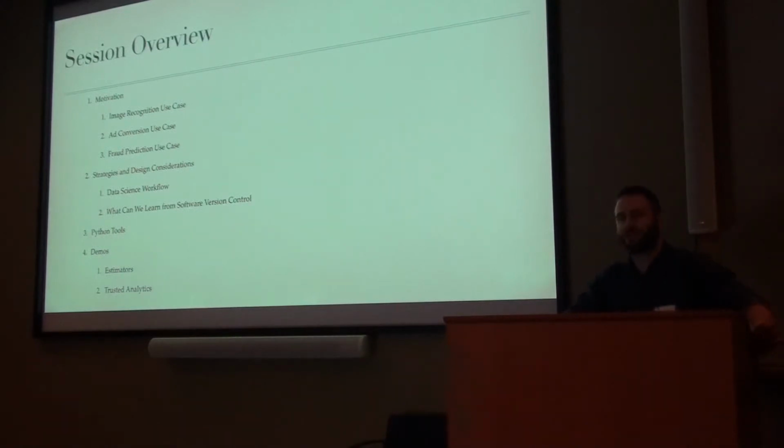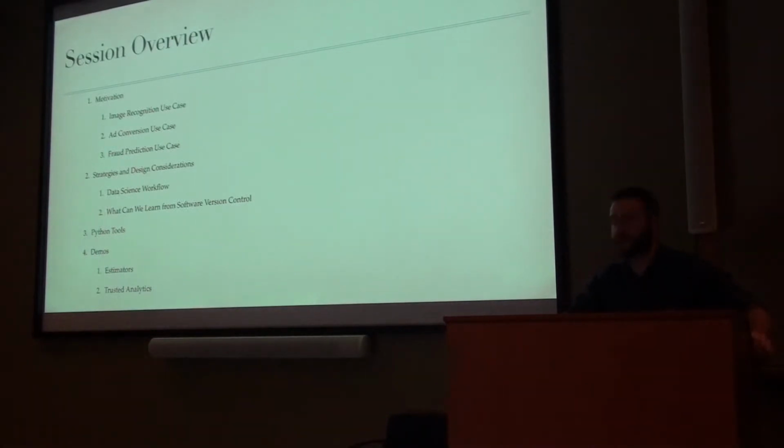We'll be talking about different types of Python tools. It's not exclusively Python, but it's really focused on the Python data ecosystem. And then we'll do 2 demos. The first is a package that I prototyped, and the second will be trusted analytics.